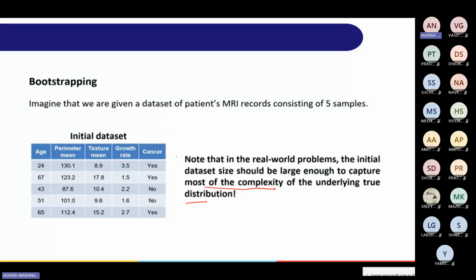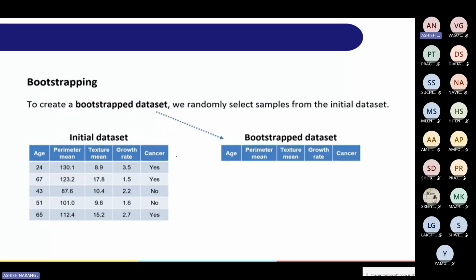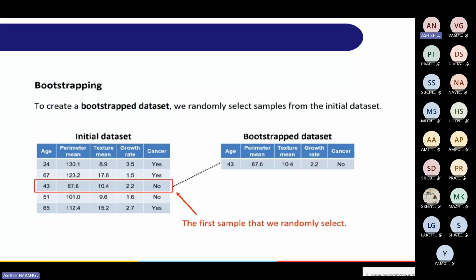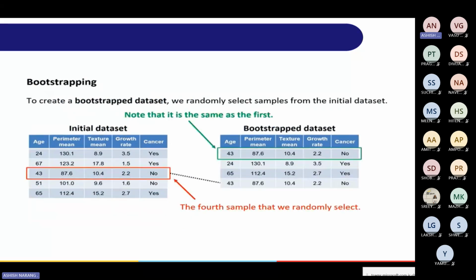But to understand what bootstrapping is, look at this now. 5 points are there. Randomly, I'm going to select some records. The first sample that we randomly select is this, second is this, third is this.